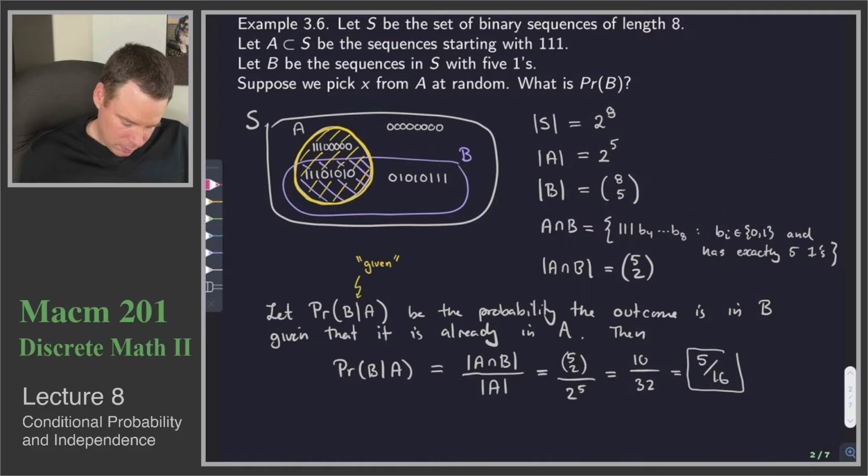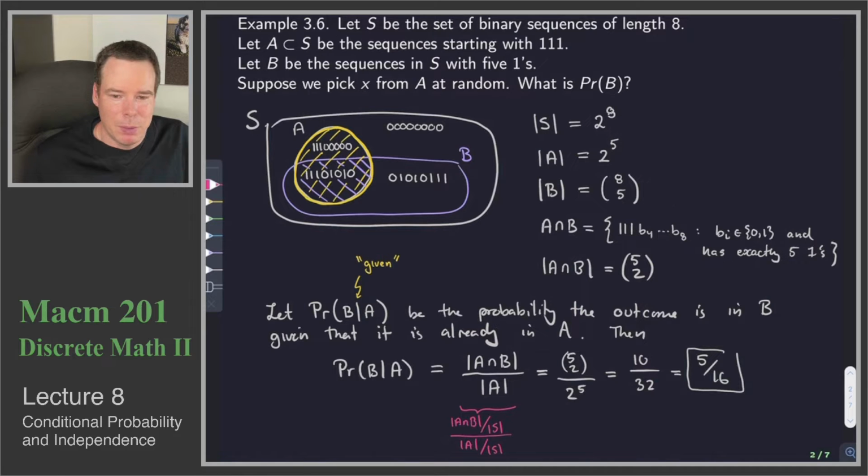How else could we look at this? Well, I could look at this expression here and just write it as A intersect B, and I'll bring the larger sample space into the mix, over S, and then A over the size of S. So I just inserted a division by S in the top and in the bottom.